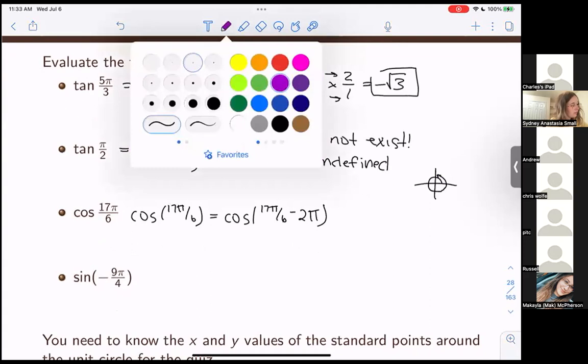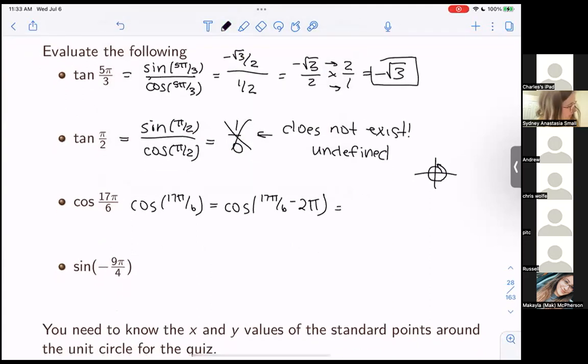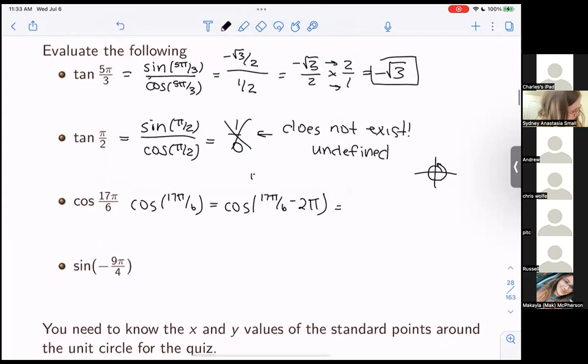Turns out that 17 pi over 6 minus 2 pi is 5 pi over 6. And I found that out just by doing 17 pi over 6 minus, I wanted to get a 6 in the denominator, so I did 12 pi over 6, multiplying both the numerator and denominator by 6. So we get that that is 5 pi over 6, just some fraction manipulation.